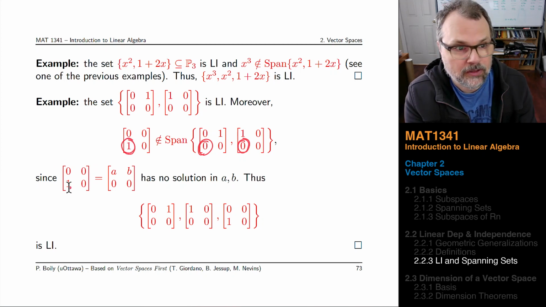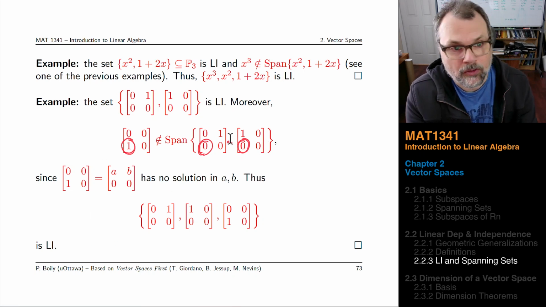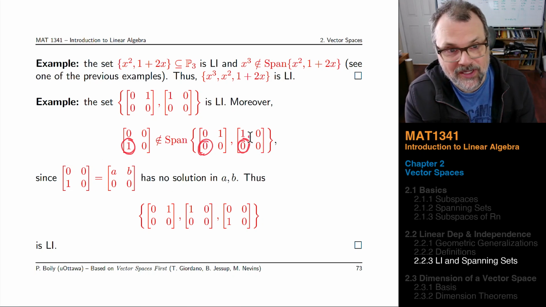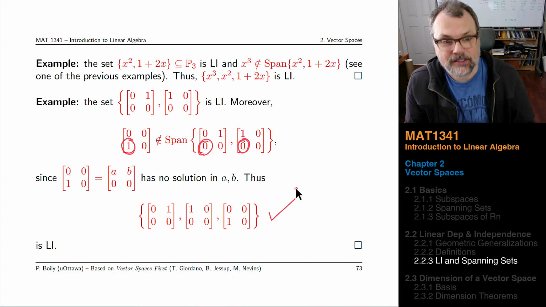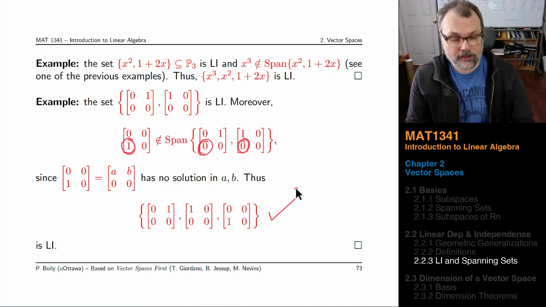Because the equation would be 0, 0, 1, 0 equal to a times the first one plus b times the second one, or b times the first one plus a times the second one. The order doesn't really matter. But anyway, there's no solution in these two parameters here. So this thing is not in the span, so you automatically know that the set that contains these three matrices is linearly independent.